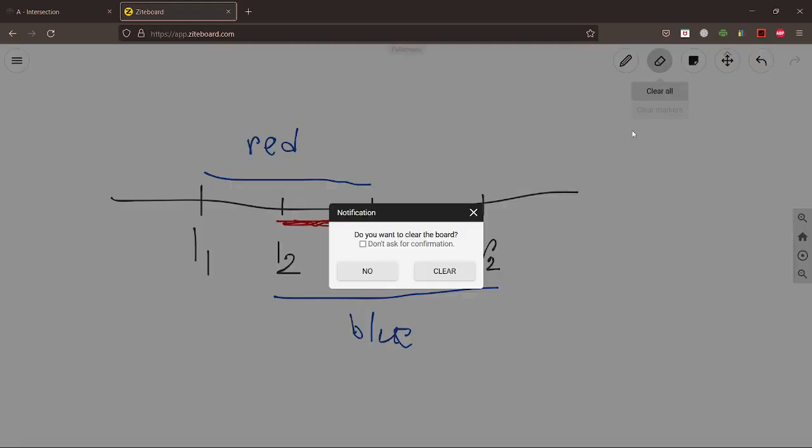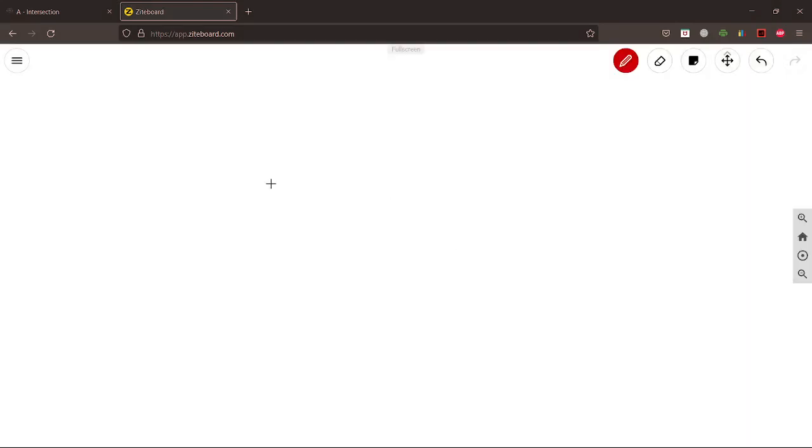So how can we solve it? Firstly, we're given a range. We need to consider when there is an intersection between two ranges, and when there is no intersection between the two ranges.